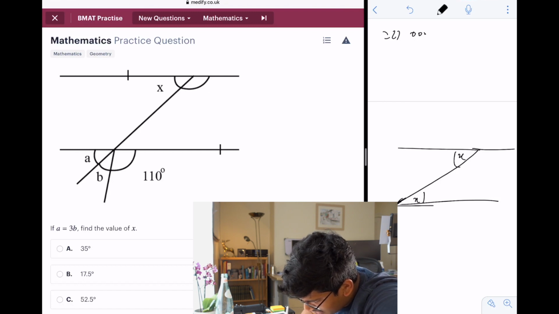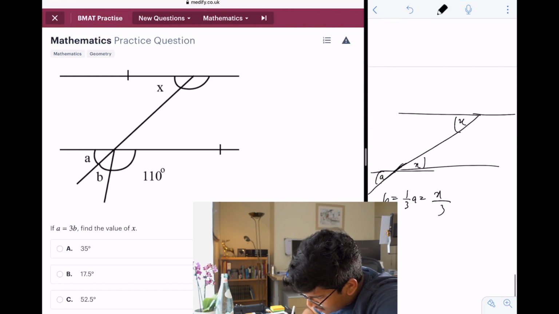So that means if A is equal to 3B, so, gosh, that's quite easy. So A is equal to 3B, so B equals 1/3 A, which is equal to x over 3. So x plus x over 3, which is equal to 4 over 3x.